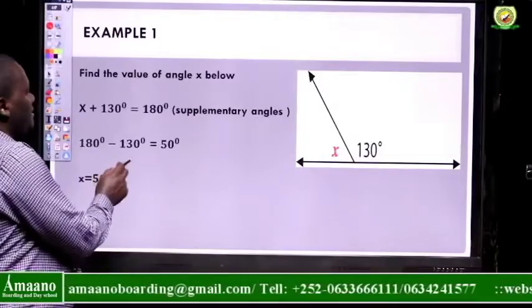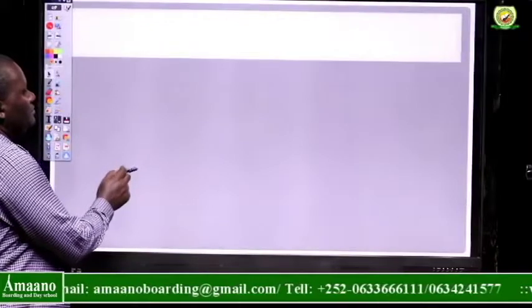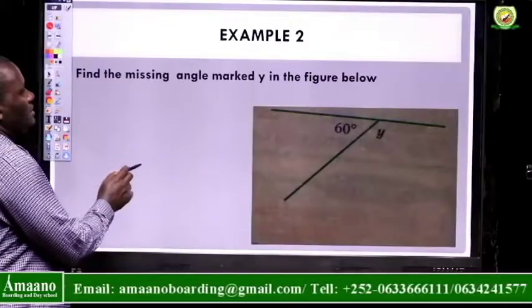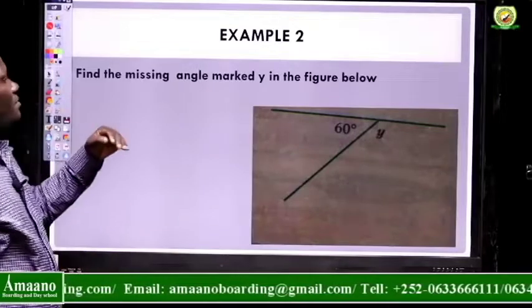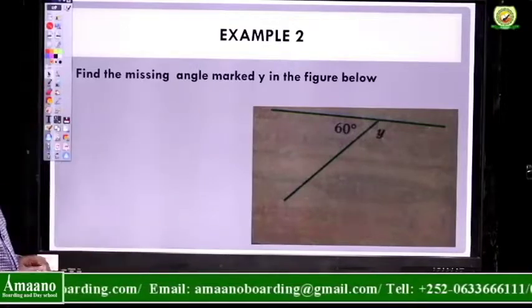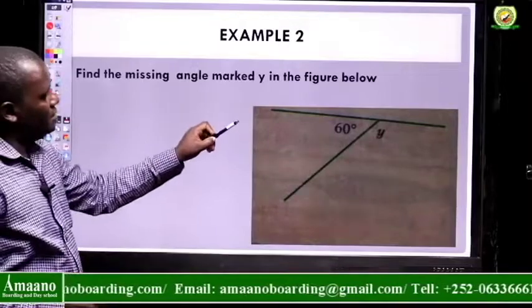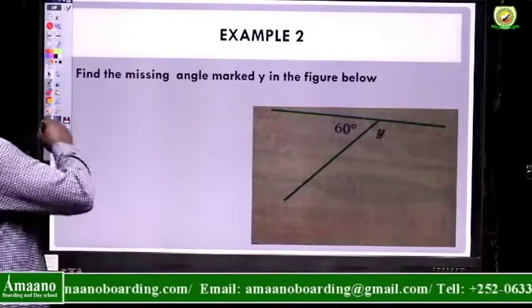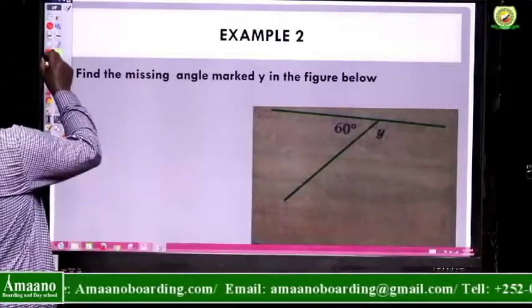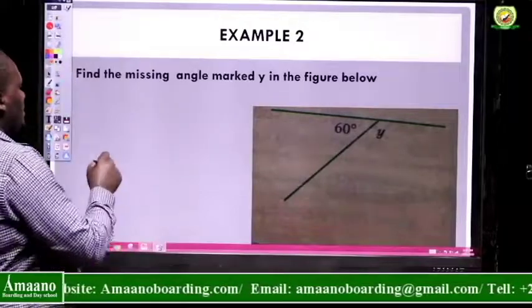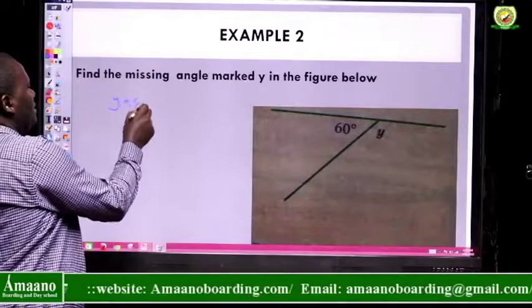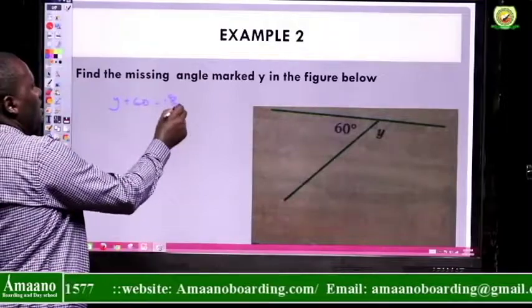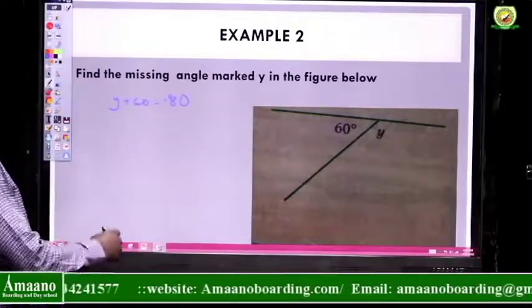Let's check the next example. That's example 2. I'm given, find the missing angle marked Y in the figure below. There's a straight line there and angle Y. So I'll guide you that one. That is Y plus 60 equals to 180 degrees.